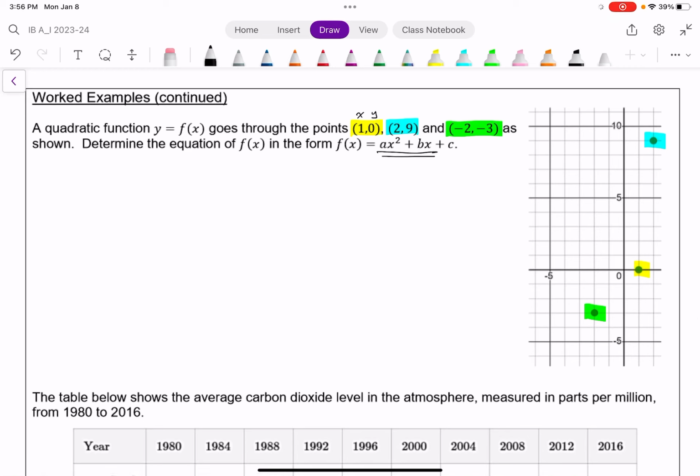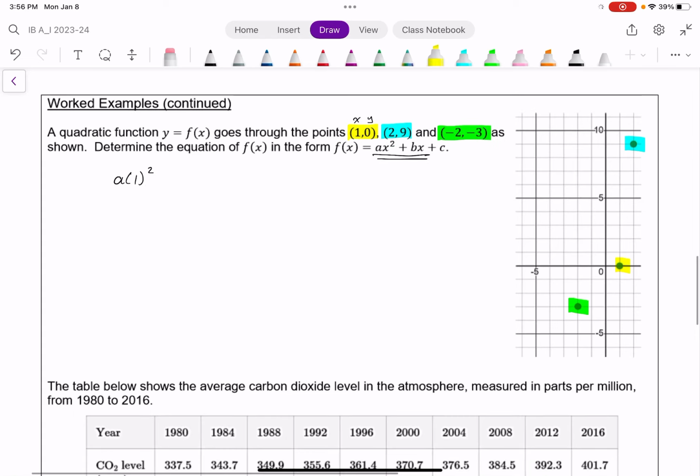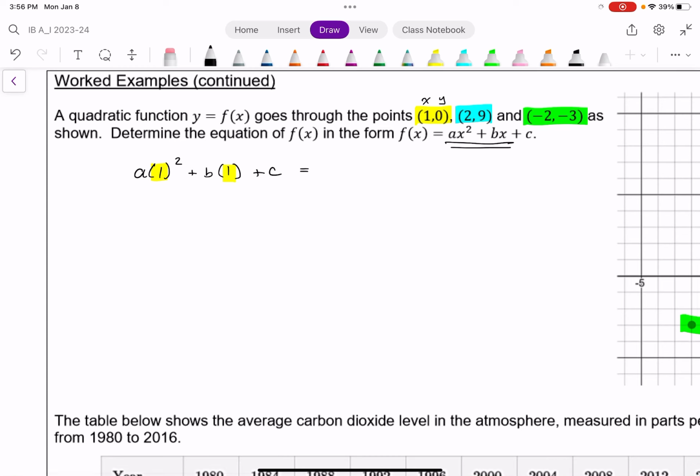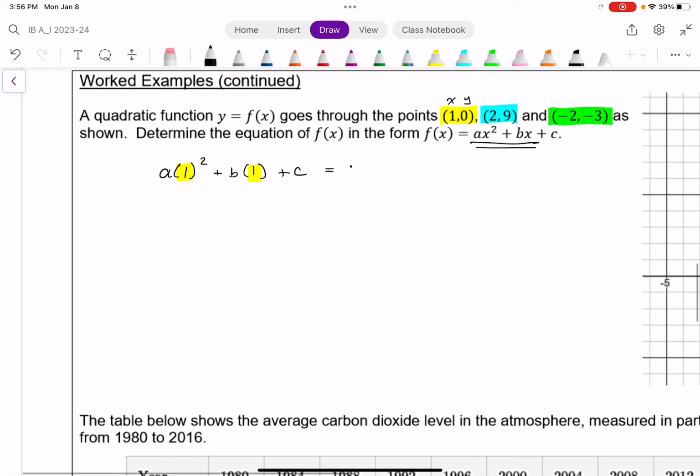So in my general quadratic expression, if I have a times 1 squared, when x is 1, plus b times just x, so 1, plus c, I know this must equal the y value, the output, which I know must be 0.